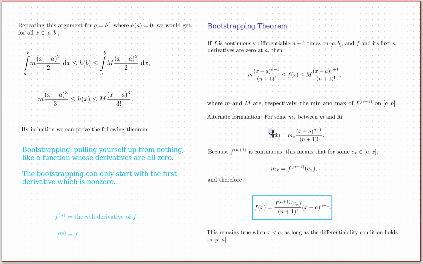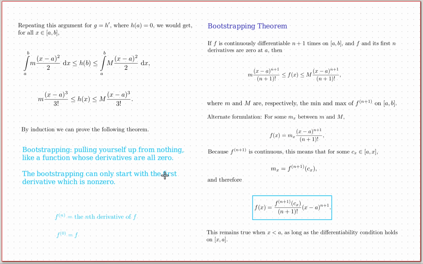That is, f of x would be exactly equal to this intermediate value of m times the same fraction, right? So there's got to be some intermediate value m sub x between little m and big M for which this would be exactly equal.